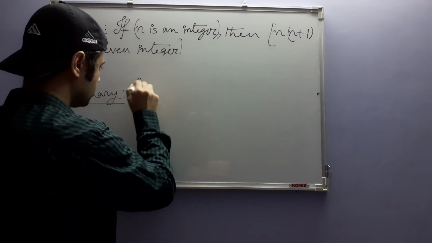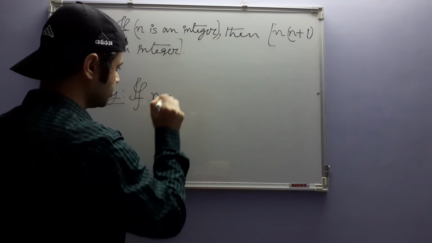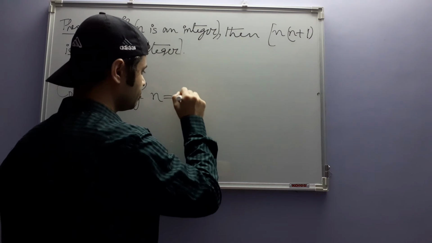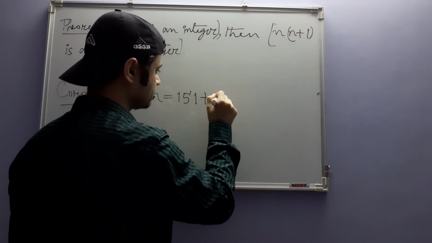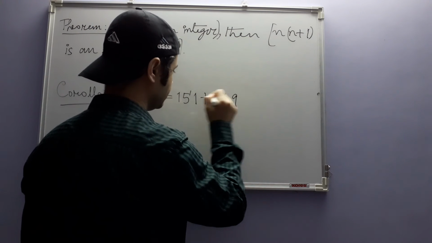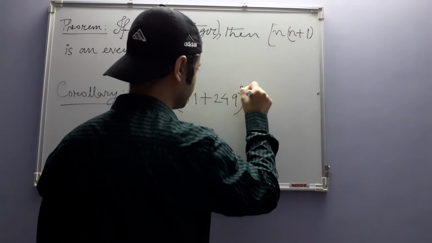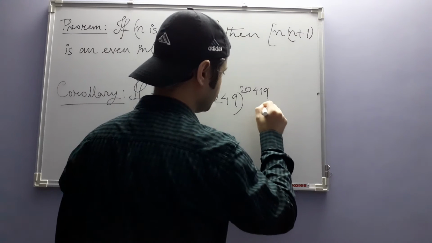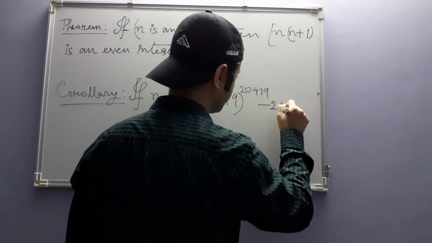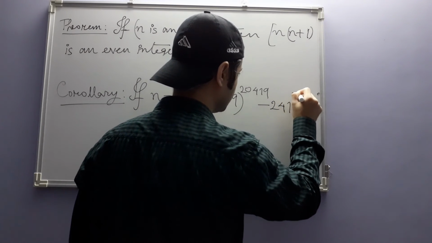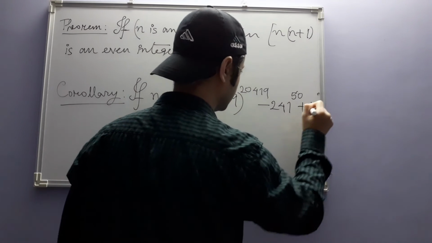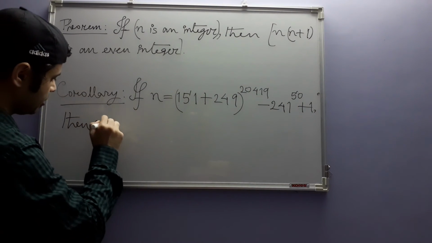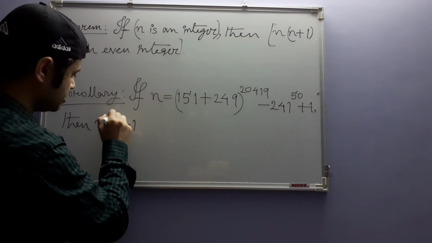If n is equal to, I may take anything, I may take 151 plus 249 to the power 20,419 minus 241 to the power 50 plus 1, then n times n plus 1 is even.